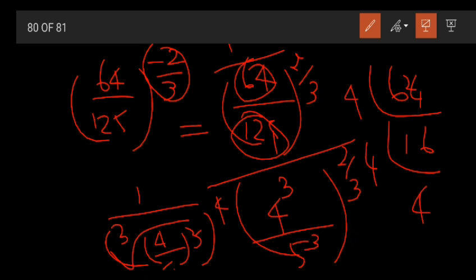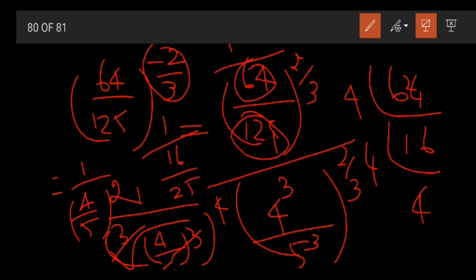Okay, this cube and cube root will get cancelled. So what will you get? You will get 1 by 4 by 5 square. Okay, 4 square is 16, 5 square is 25. So you will get 1 by 16 by 25. So this will be 25 by 16.